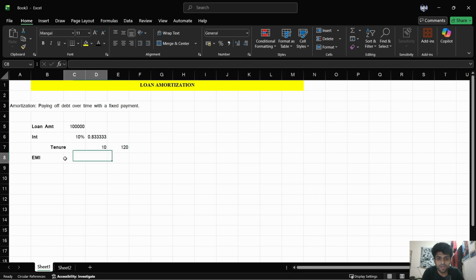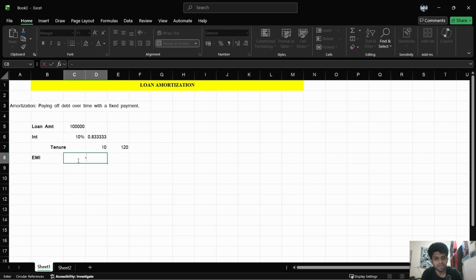For the EMI, how we can find it out is you can use the PMT function. The interest rate as we calculated here, comma, the NPER would be 120. Your present value is minus this 10 lakhs.